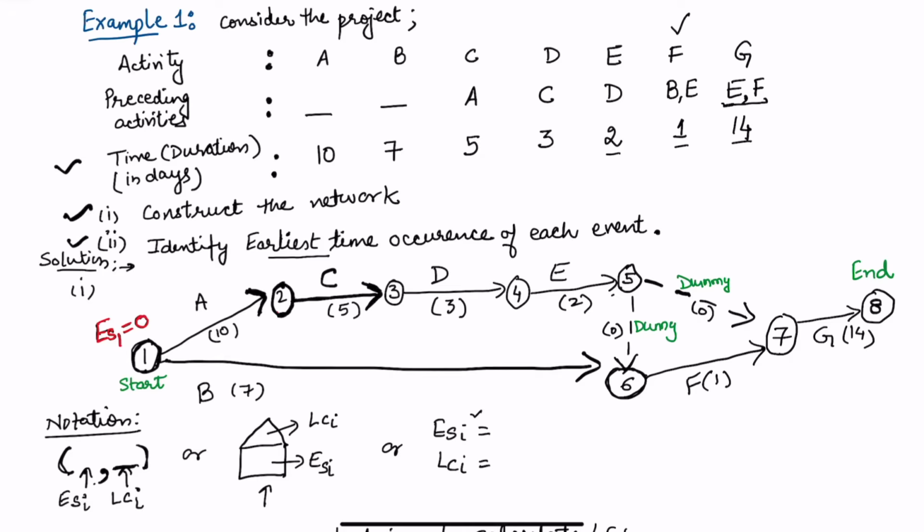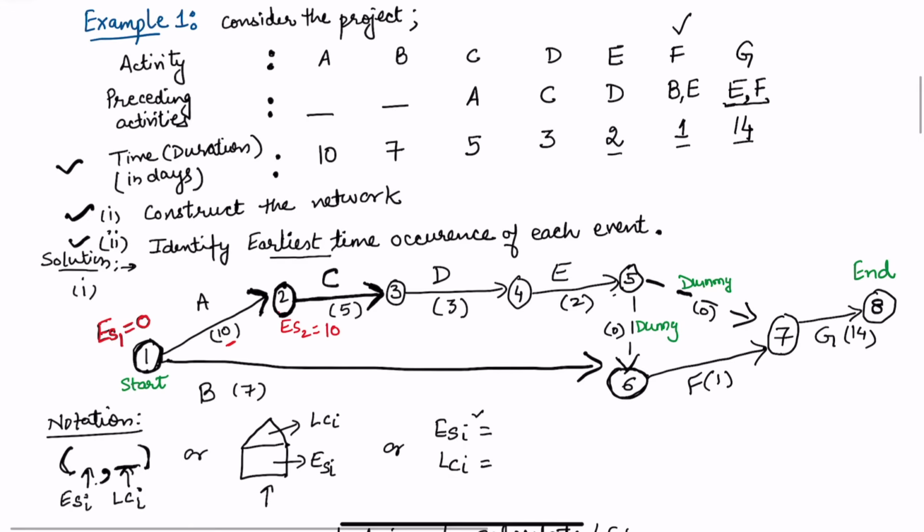That is why we associate the earliest starting occurrence. Earliest occurrence of this node 2, what will it be? Add the previous time, that is 10 days, plus 0, because it only depends upon this particular activity. So 0 plus 10 gives me 10 days.